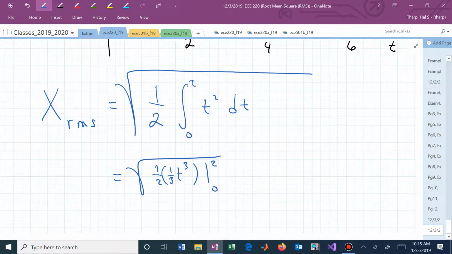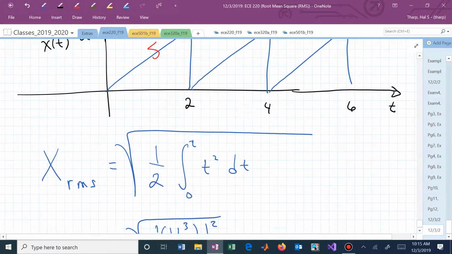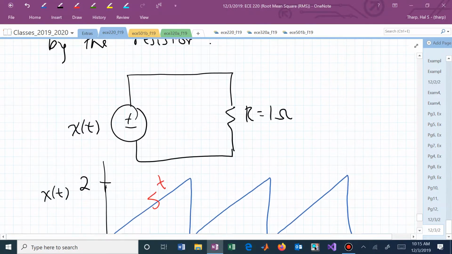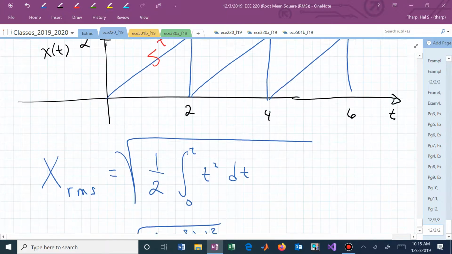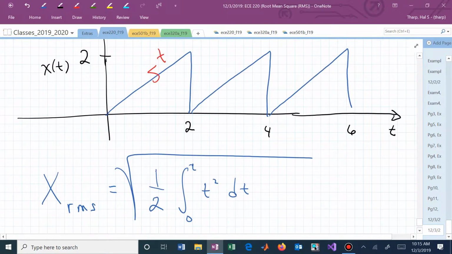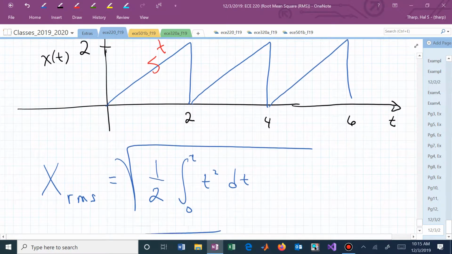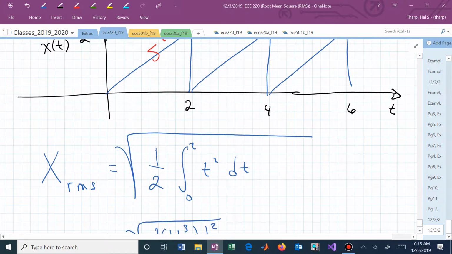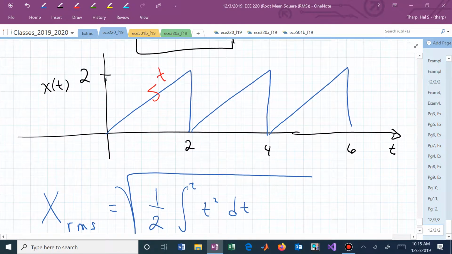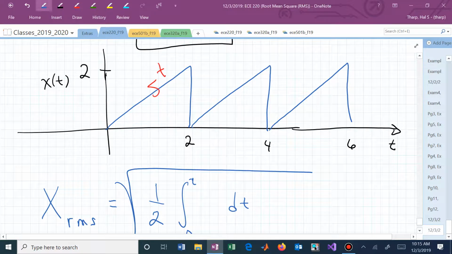Yes? Pardon? I was just confused with the other example. You had z of t, but we had z squared instead of t squared. So I'm thinking, wouldn't this be x squared? So this is now x squared of t.